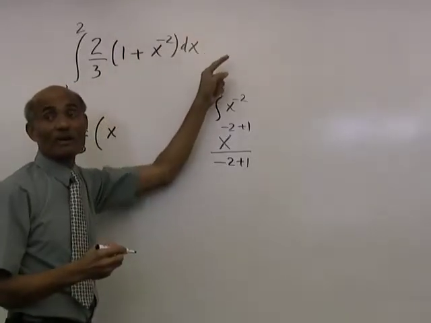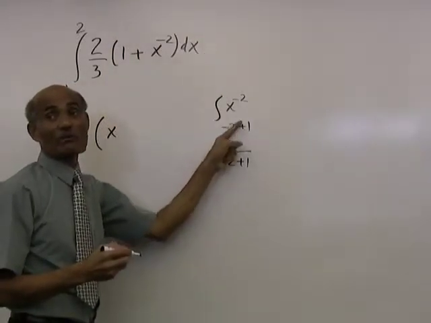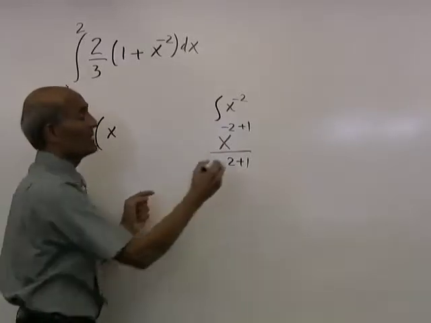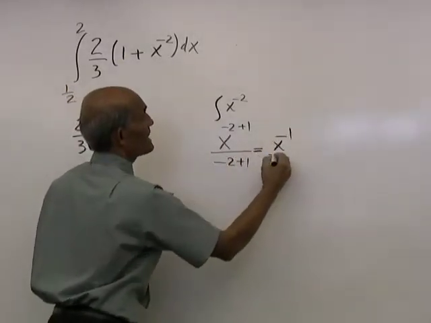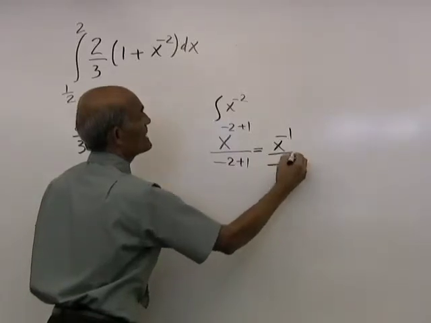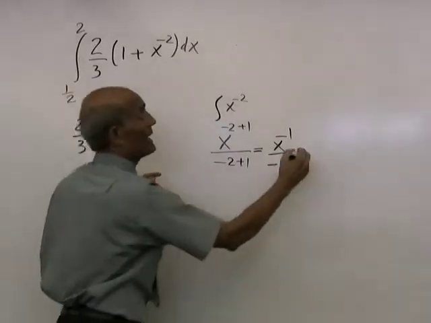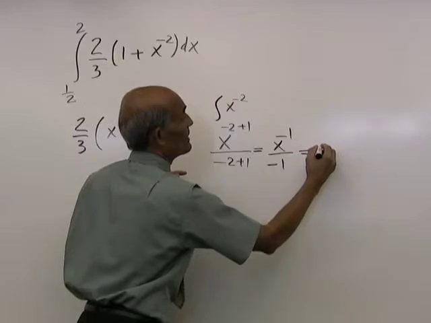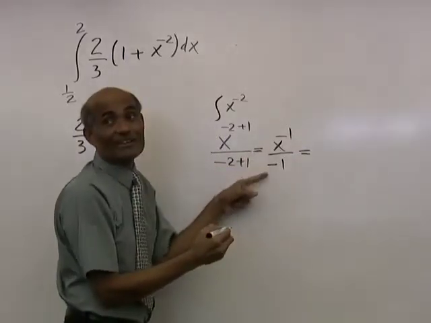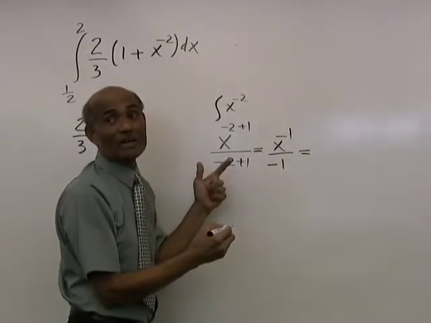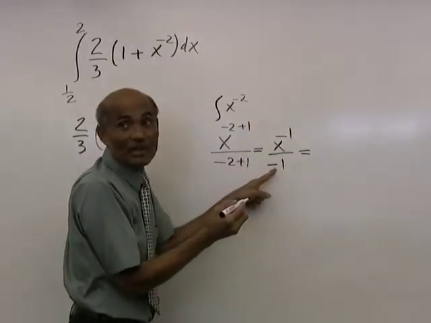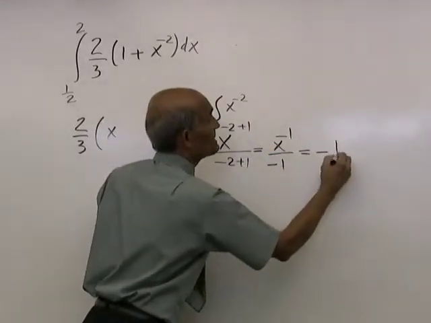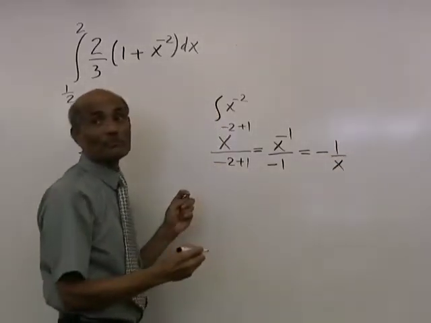Integral x to the power of n is x to the power of n plus 1 over n plus 1. And that will be x to the power of -1 over -1. Can you give me a simplified form of that quickly? X to the power of -1 is 1 over x. And with this negative, you get -1 over x.